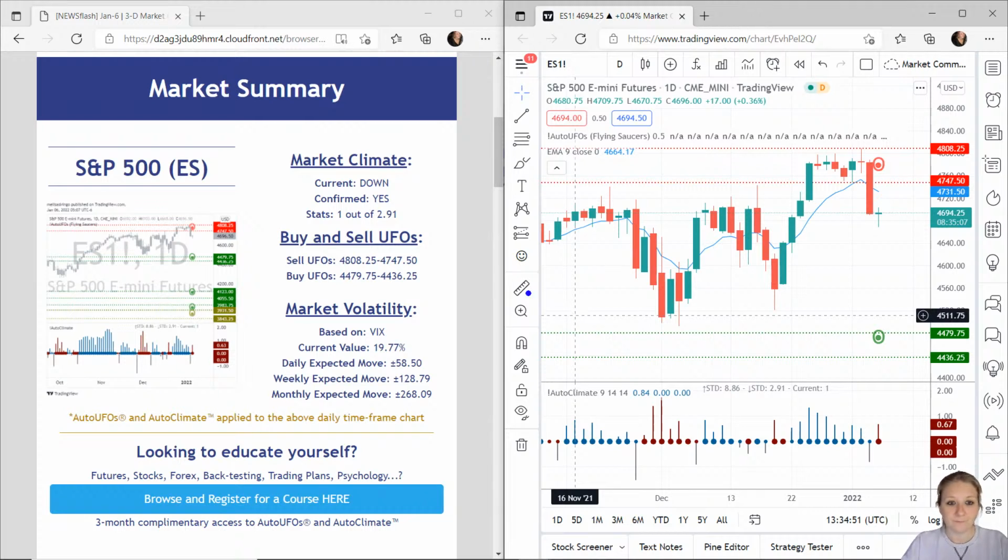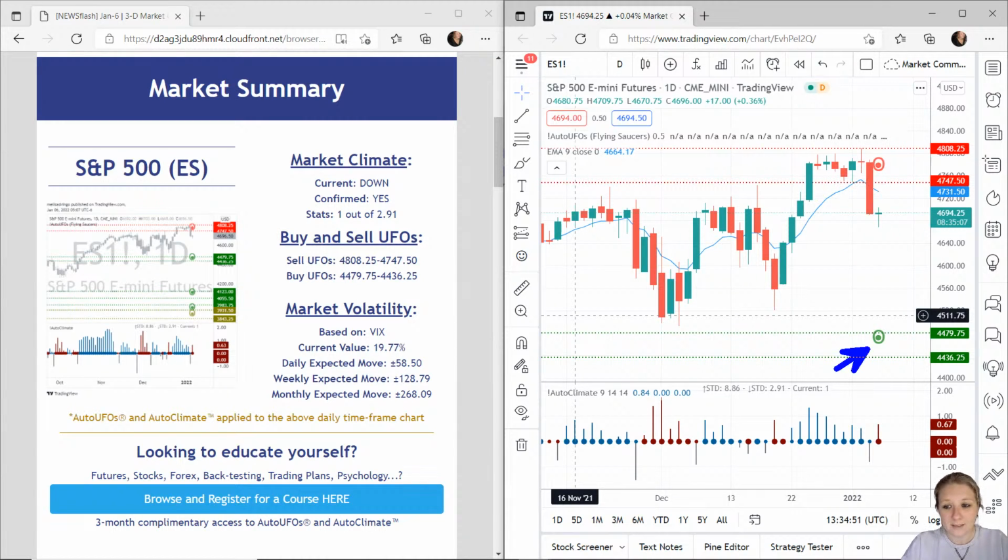So with the S&P 500, we can see we have a confirmed downwards climate. We have a thick red dot there on our AutoClimate, basically probability down. Now we also have sellers above us here between 4808.25 to 4747.50. Those have pushed price down.